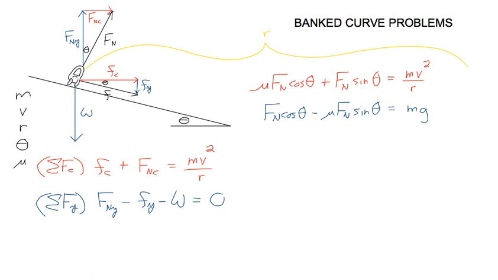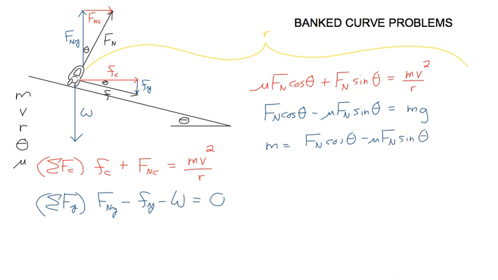And now what I'm going to do is, since both of the equations have m, I'm going to take the second equation, and I'm going to solve it for m so that I have something to substitute into the first equation. So I'm going to take the second equation and solve it for m, which means it's going to be Fn cosine theta minus mu Fn sine theta.